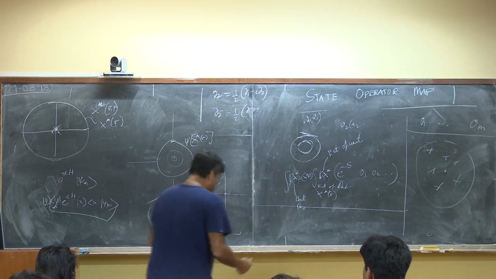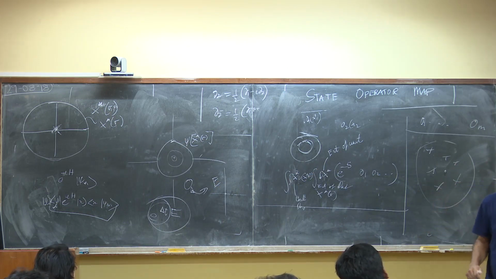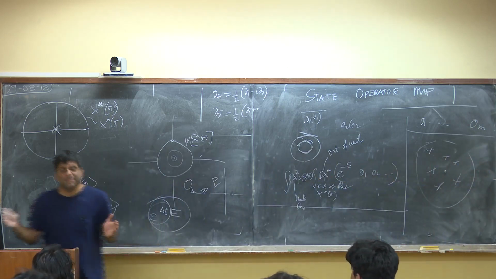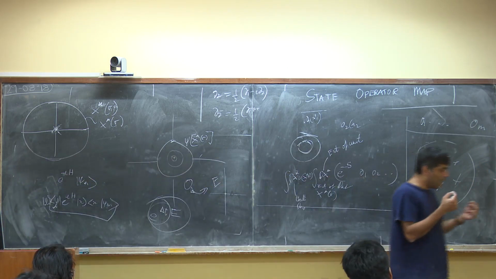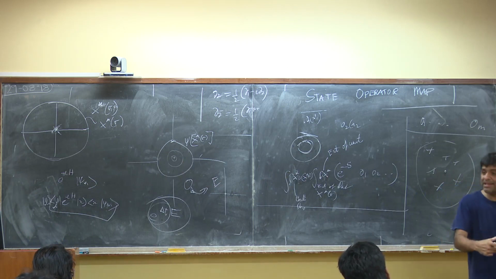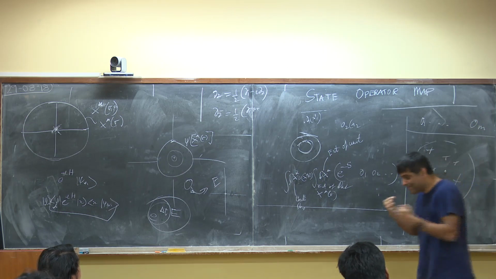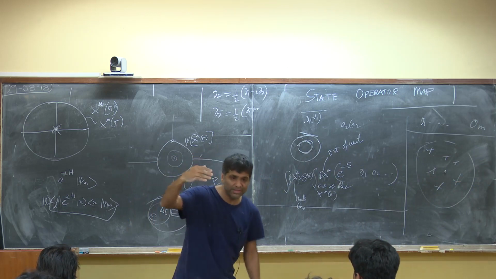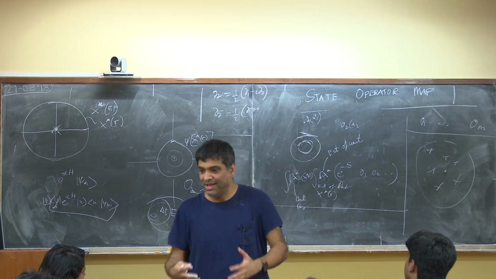So within the space of conformal field theories, at least good conformal field theories, I don't know what the criterion for goodness is, and certainly unitary conformal field theories, there is a one-to-one map between states of the theory on the cylinder and local operators of the theory, and the map is a very precise one. The scaling dimensions of operators map to the energies on the cylinder, spins of the operators map to angular momentum on the cylinder, and so on.